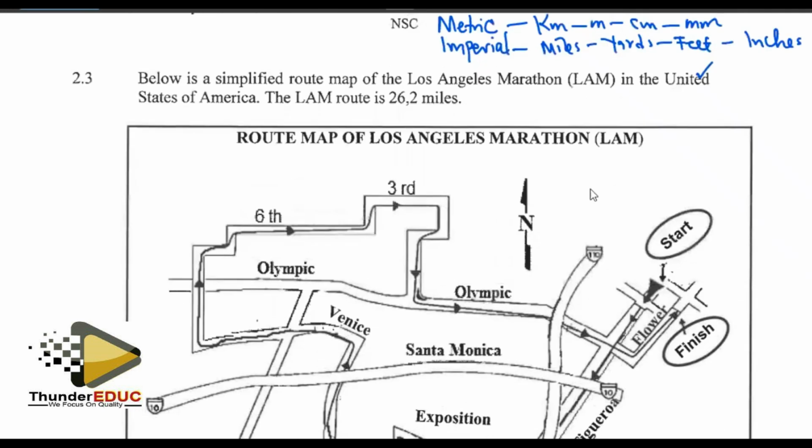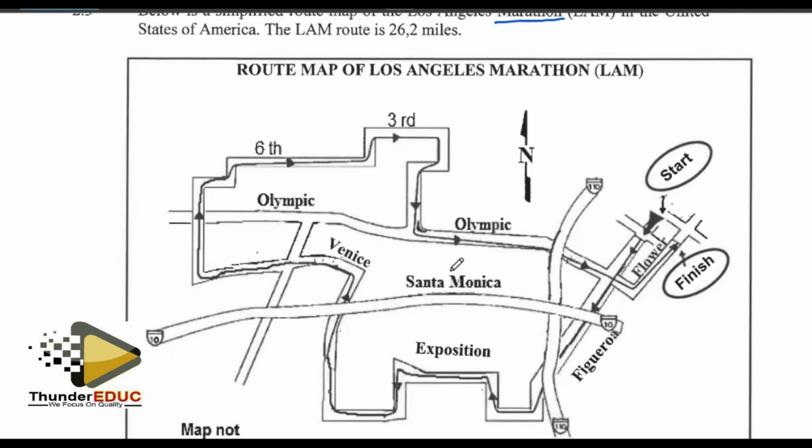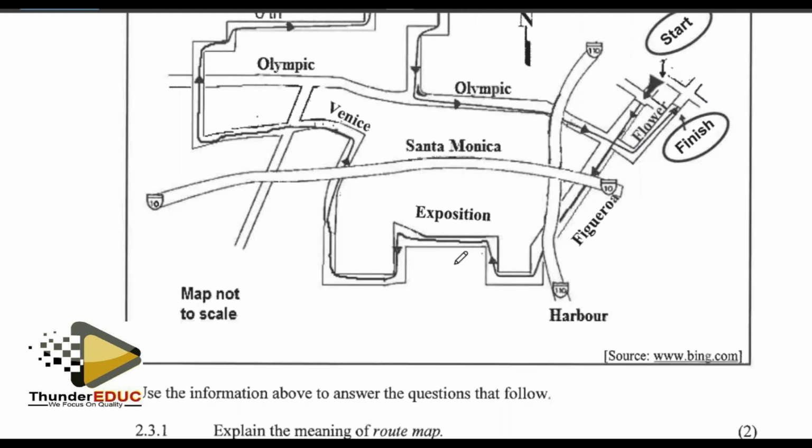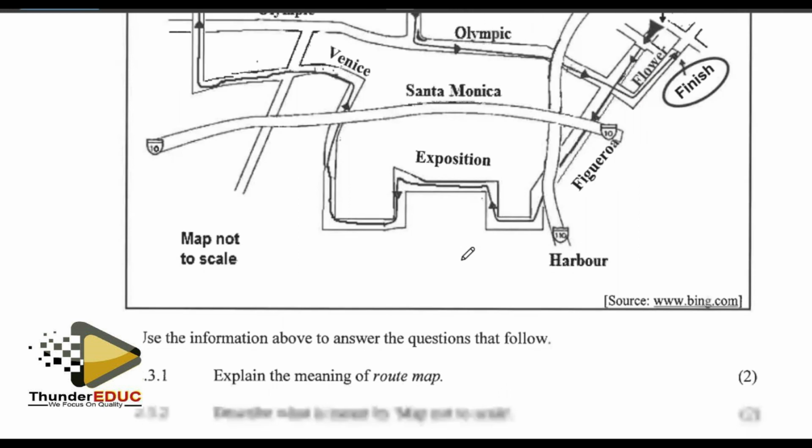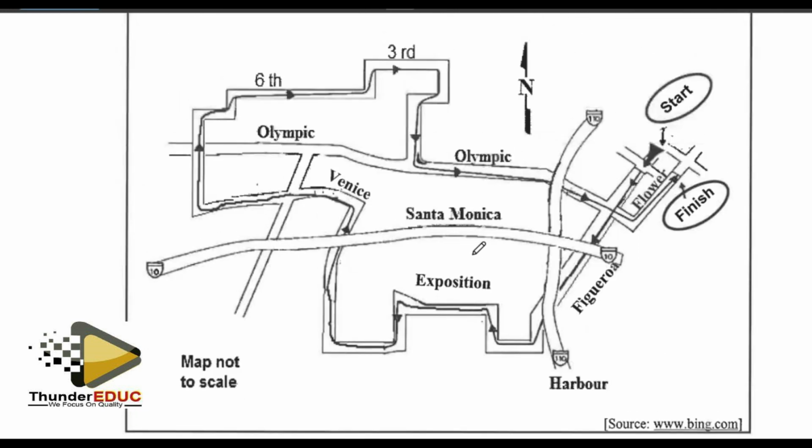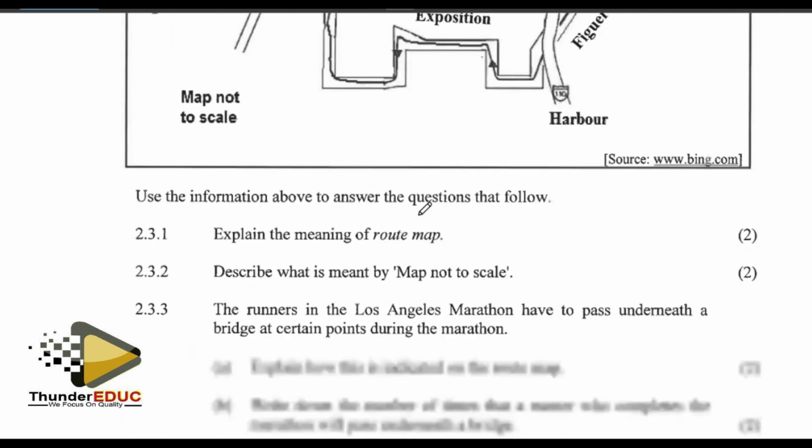Remember, this is a marathon whereby people run in big numbers over a long distance. We also have what we call cross country, which is a longer one. Anyway, map not on scale simply means their measurements are not perfect.